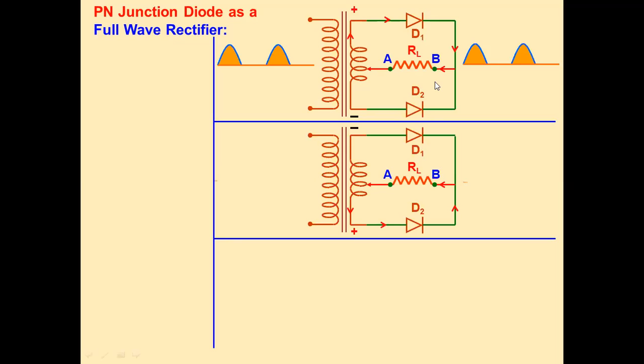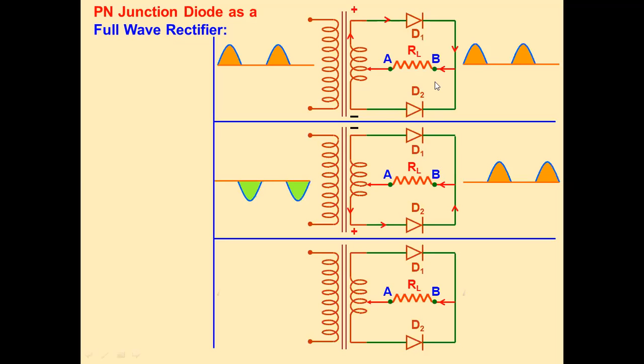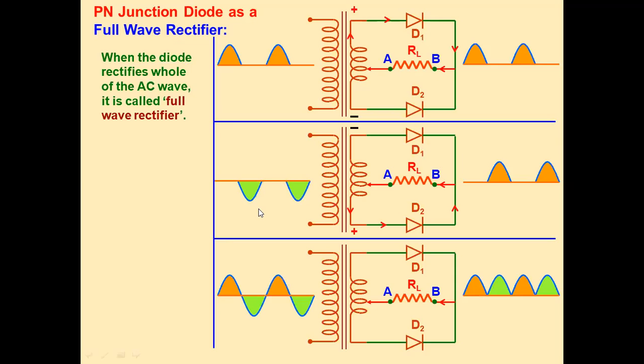Again, like the half wave rectifier, we'll see two cases, for the positive half cycle and for the negative half cycle. When the diode rectifies the whole of the AC wave, it is called a full wave rectifier, meaning the output is for the whole sine wave.